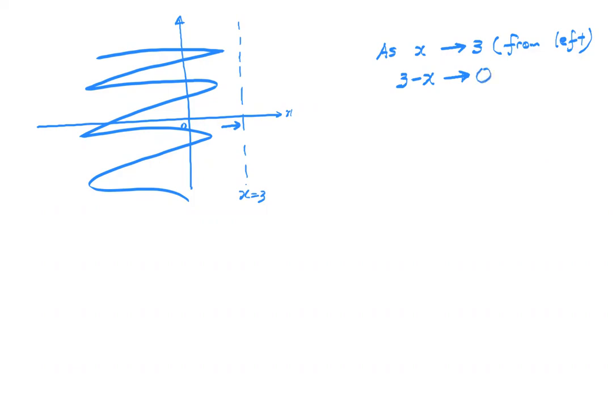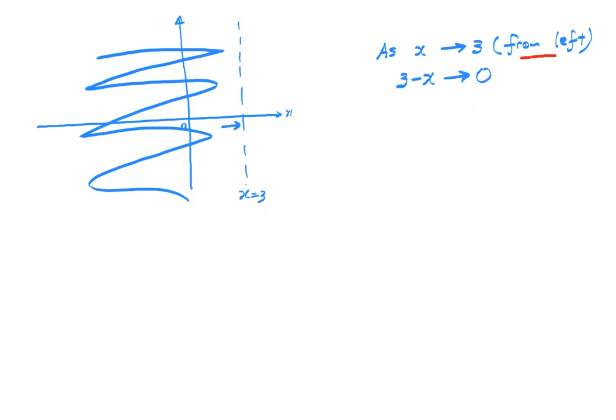Do I need to explain? Yes or no? Okay. Yes, teacher. Okay, I will try to explain. From the left. So that means I have to choose an x which is less than 3, but very close to 3.